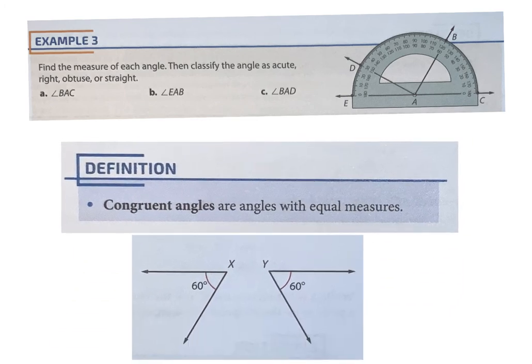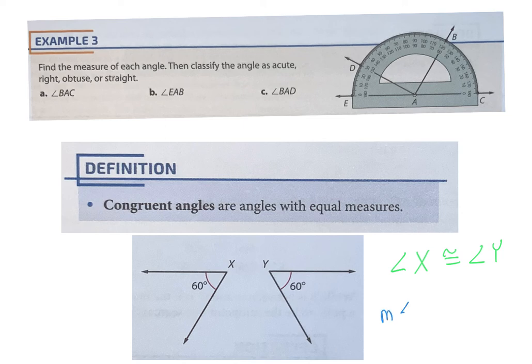So same concept here with congruence. Congruent segments have the same measure. Congruent angles have the same measure. You use the same symbol. So if I were to make this congruence here, I would say angle X is congruent to angle Y. When I'm talking about measure for angles, the symbol is just putting an M in front of it.